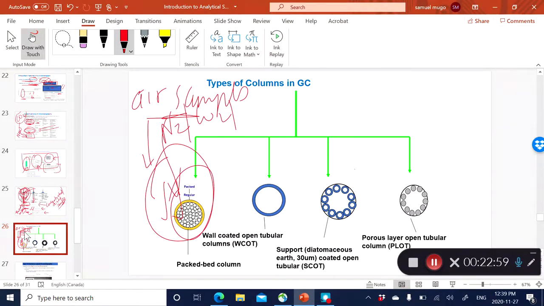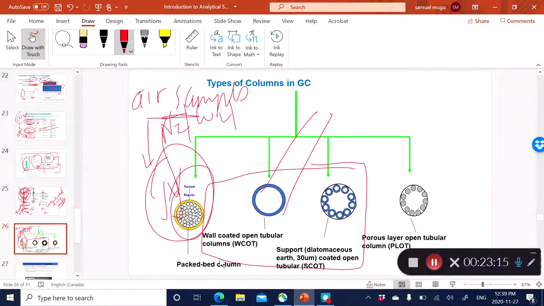But the most common types of column these days are the open tubular columns, such as the so-called wall-coated open tubular column, which is where I've got just a polymer that is coated inside a fused silica tube, all right?